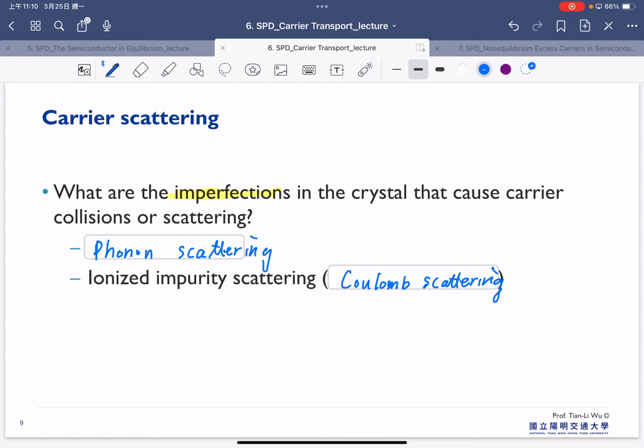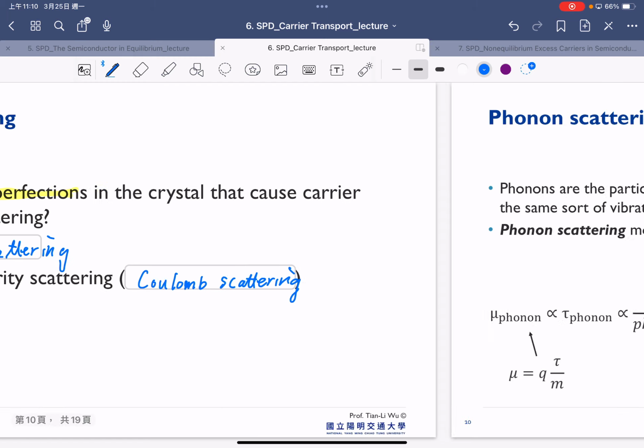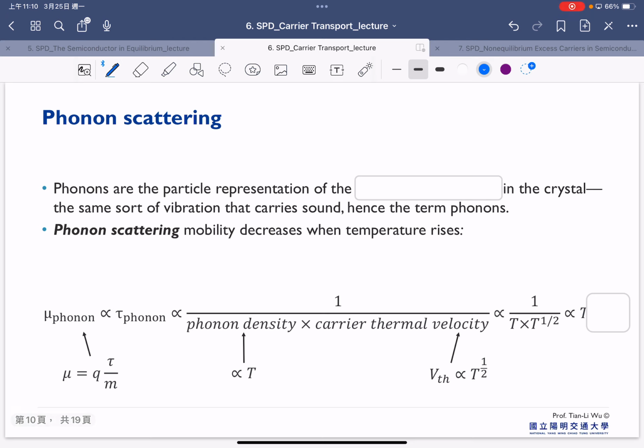So next we start to talk about what phonon scattering is. Phonons are the particle representation of the vibration of the atoms. Once you see the atom vibration, you will see the phonons.